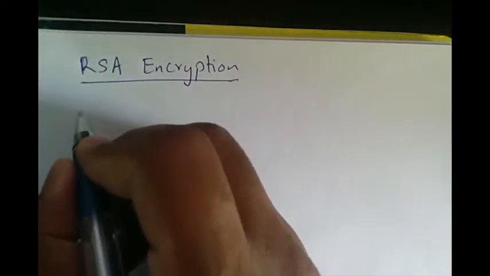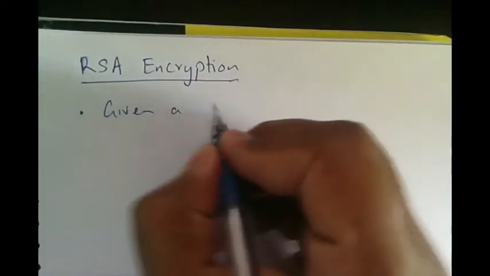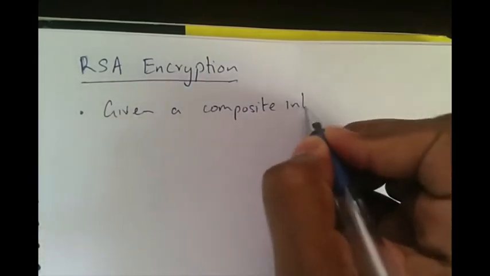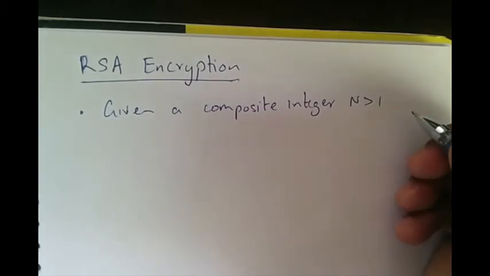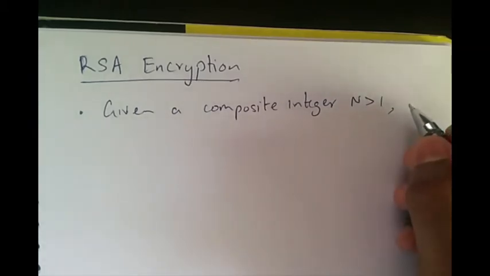Okay, so given a composite integer n greater than 1, the factoring problem is to find integers p and q, which are both greater than 1, such that p times q is n.